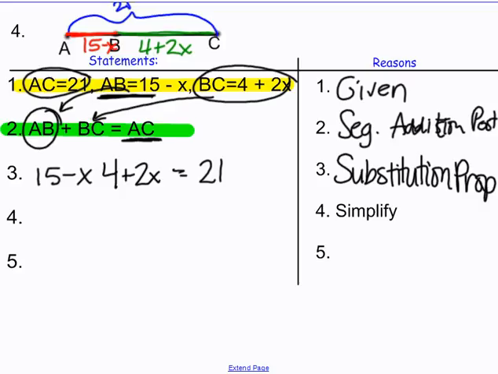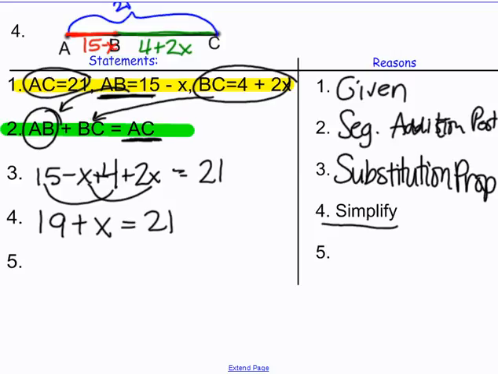Now I'm going to follow the next step, which says simplify. So I'm going to simplify it. That means combine like terms. So I got 15 and 4. That's plus. 15 and 4 is 19. Combine these two x's, which comes out to plus 1x equals 21.